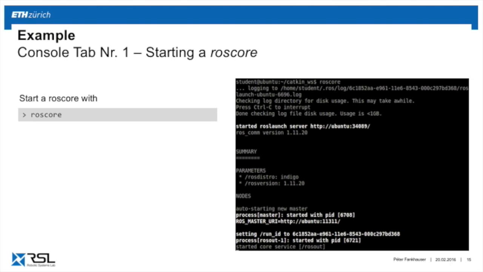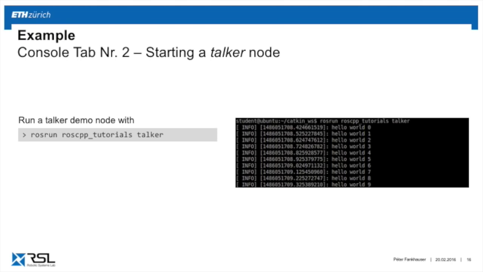Okay. Now open a tab number 2 or split the window. In this console, we're going to run a talker node, which is already a tutorial which is pre-installed in your system.